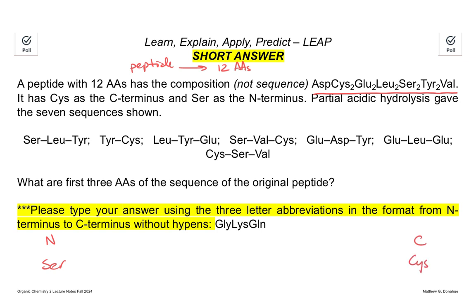We might figure all this out on one slide, and the subsequent slides are just the individual questions. So looking at, we have Ser and Cys, but then looking at the composition, see how there's two of each.